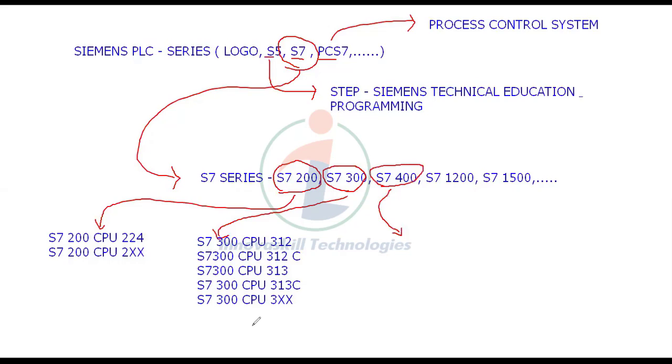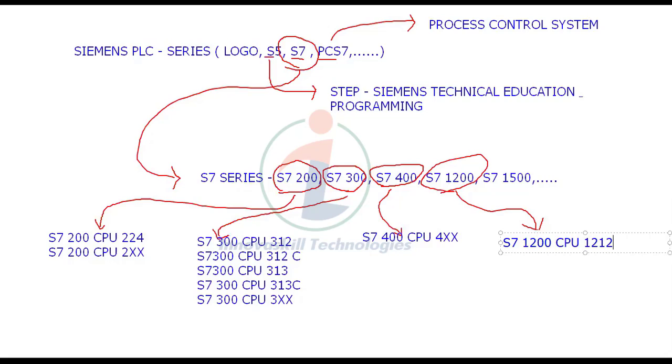Next, if you go for S7 400, in that again based on the CPU we have many models, and those models will start with S7 400 CPU 4XX. And in the same way, if you take S7 1200, it will start like this: S7 1200 CPU 1212, 1213, 1214, like that.